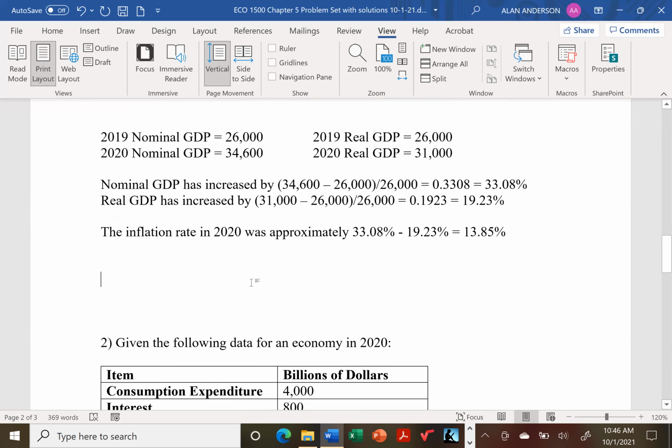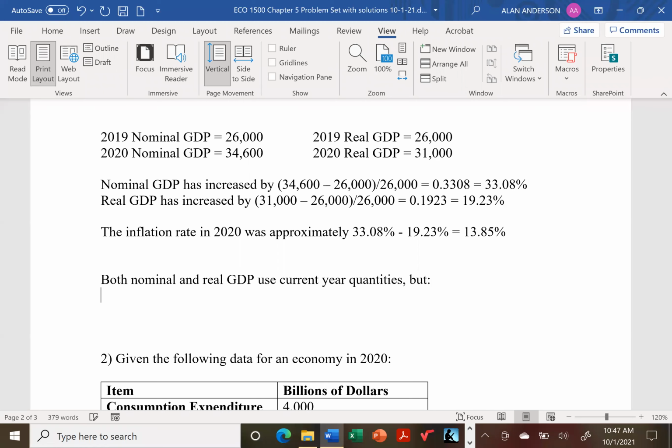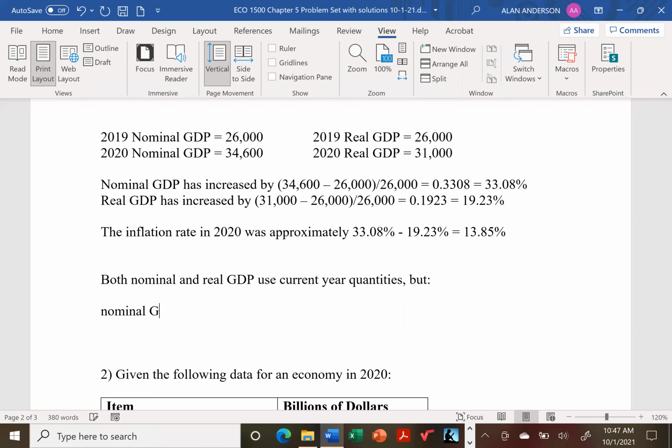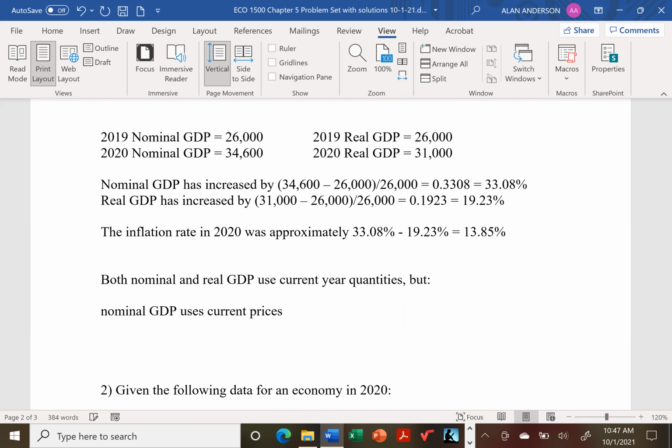All right, in fact, let me summarize that right here. Both nominal and real use current quantities, but nominal GDP uses current prices. Real GDP uses base year prices.